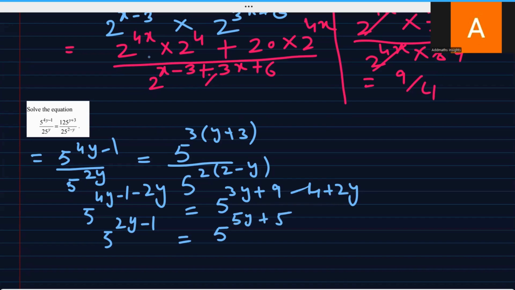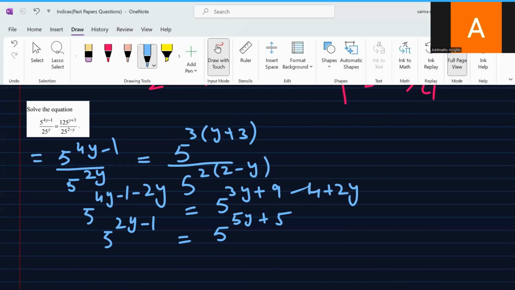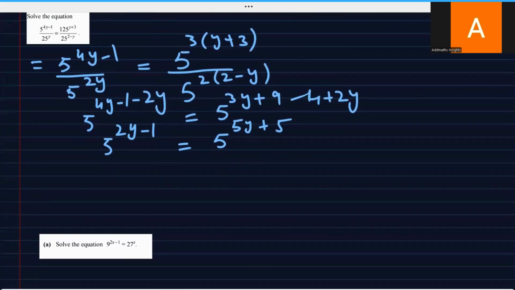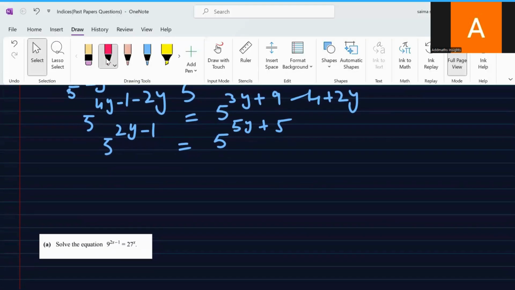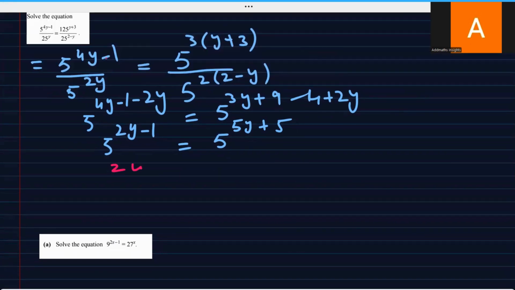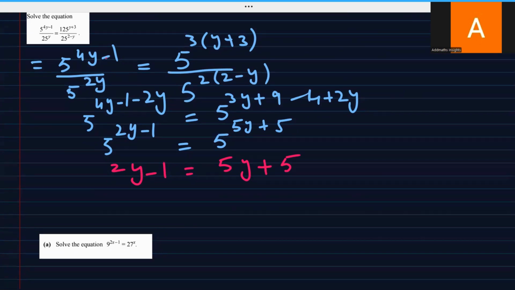Now you see that the bases on both sides are the same. So you can compare and write 2y minus 1 is equal to 5y plus 5. Then you simplify. We take all variables on one side and numbers on the other side.